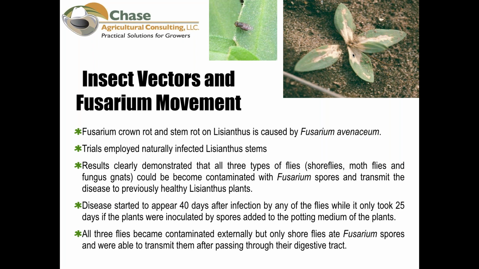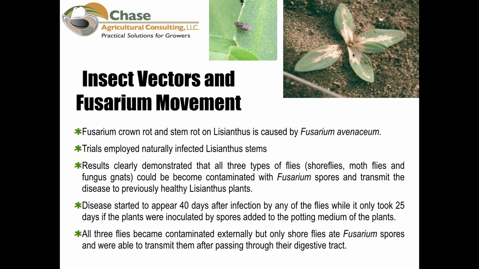Of those 3 flies, even though they all could pick it up, and it was the stickiness, remember I showed you those early pictures of how Fusarium makes spores, that stickiness means that they could get it on them, and then they would fly it all over the place. They did also find that shore flies ate Fusarium spores. So if they eat Fusarium spores, are they going to come through and be alive when they pass through their digestive tract?